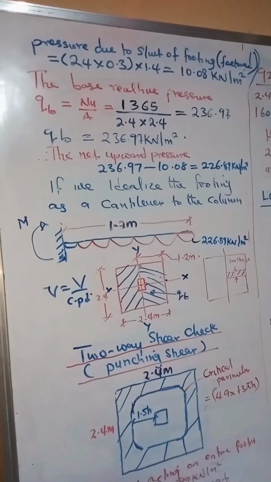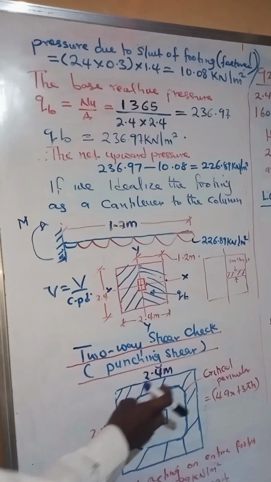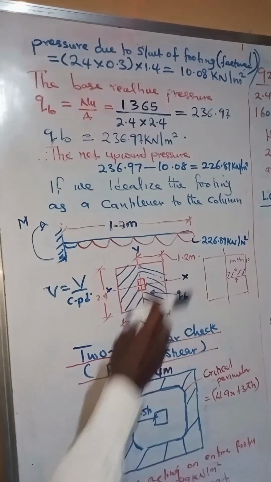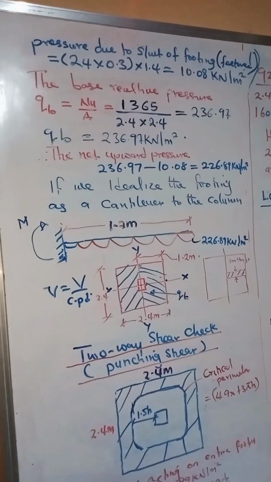For us to get that force acting on this shaded area, we already know the formula for calculating the area of this shaded area. And we equally know the total forces that are acting on the entire surface. So we can easily calculate the force acting on the shaded area and plug it into this place. We already know what our critical perimeter is from the formula for deriving critical perimeter. We can obtain our effective depth. So we can check this to know if it will satisfy our punching shear requirement.